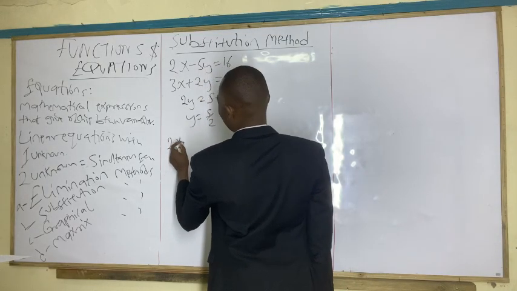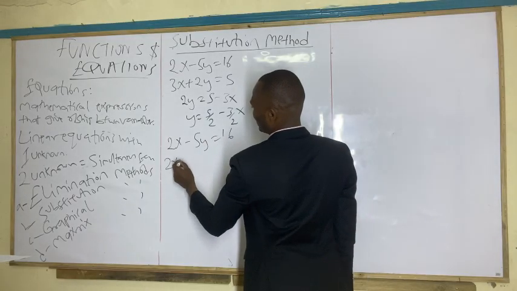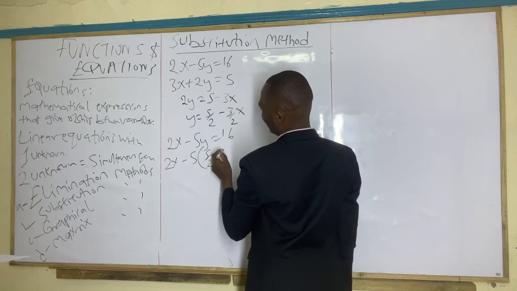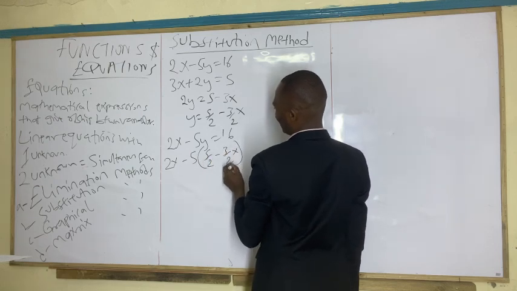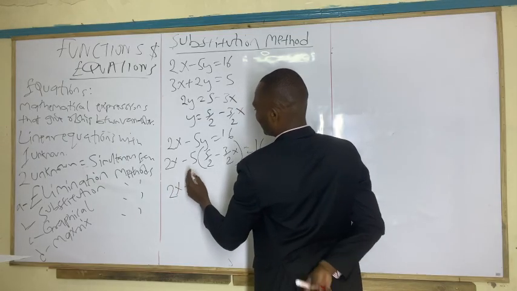So therefore 2x minus 5y is equals to 16. 2x minus 5y is what? 5 times (5 over 2 minus 3 over 2 x) is equals to 16.